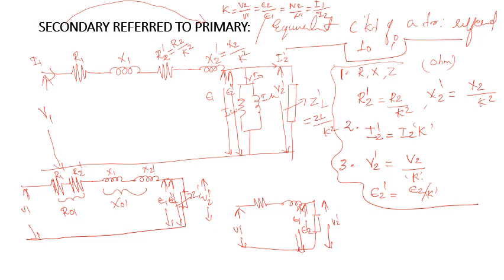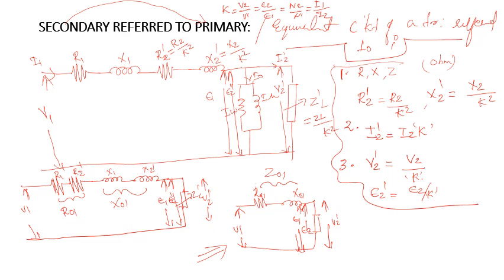Okay, so this is R01 and this is X01. The combination of resistance and reactance will give you impedance Z01. So this is the final simplified equivalent circuit of a transformer.